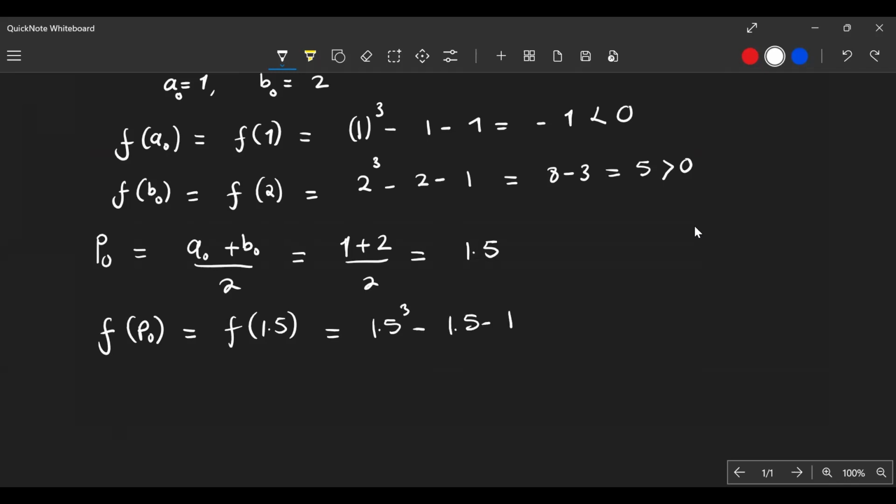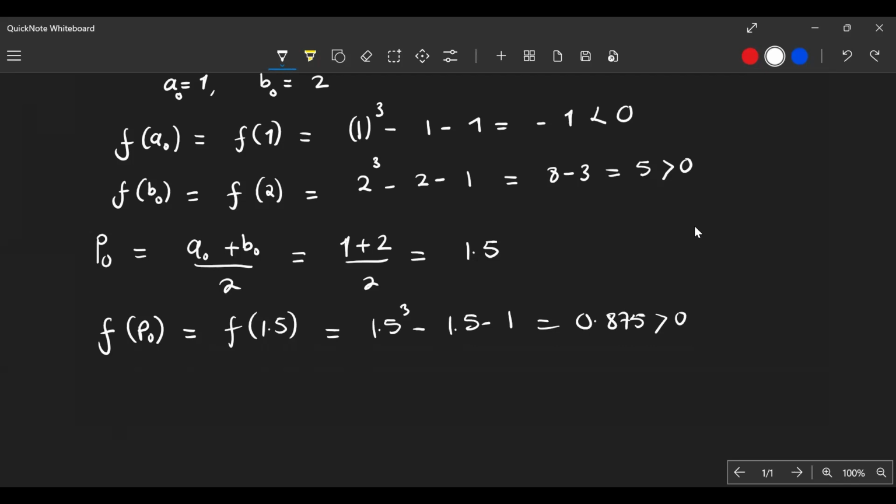If I use my calculator here, I have 1.5 to the power 3 minus 1.5 minus 1, which is 0.875. And this 0.875 is greater than 0. Now I need to find a new interval.